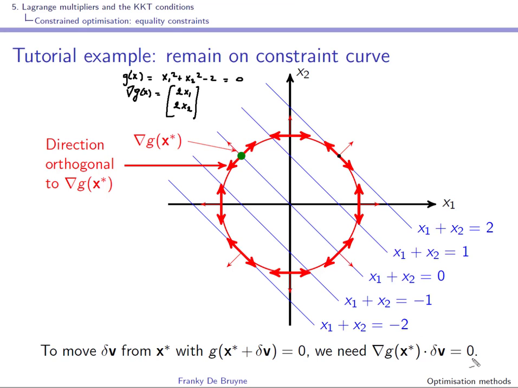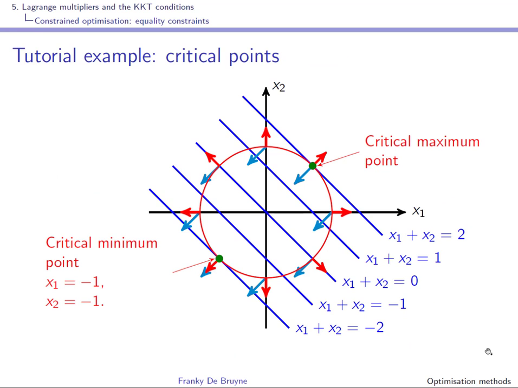So in order to remain on the curve, you need to select a delta v such that if you take the scalar product with the gradient, you have 0, and this is taking a small step in a direction that is perpendicular to the gradient.